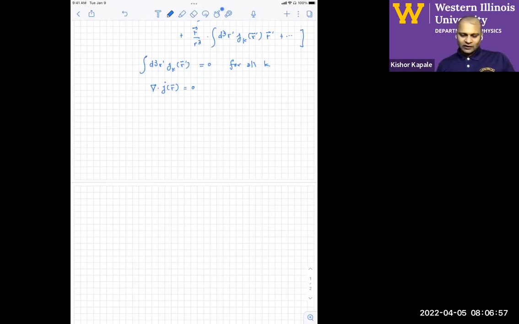Now, one way to do that, of course, is to use the continuity equation and the charge densities being time independent and so on. But here we are kind of trying to do this rigorously in some sense.